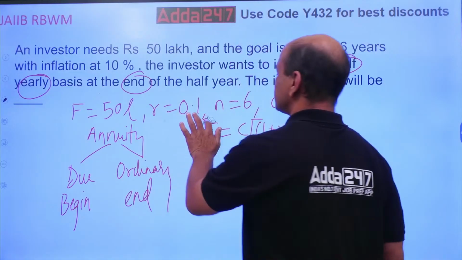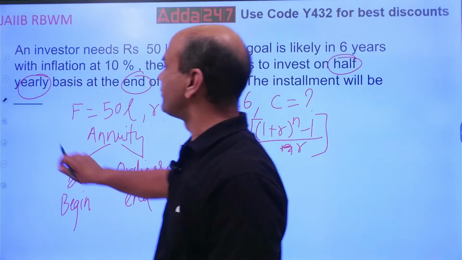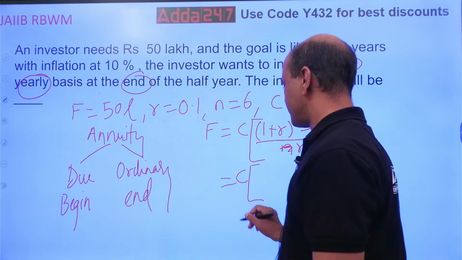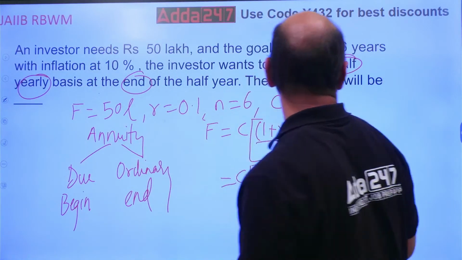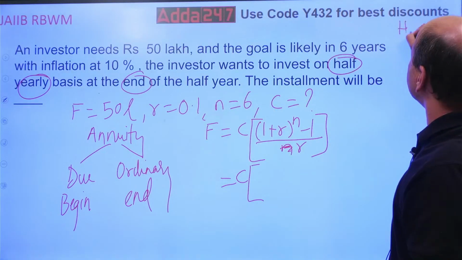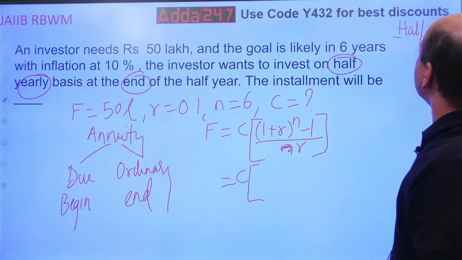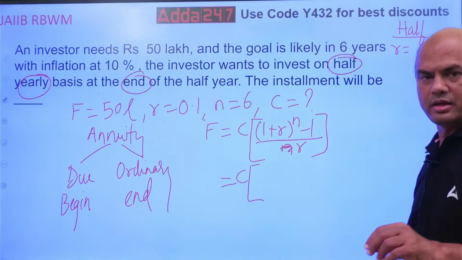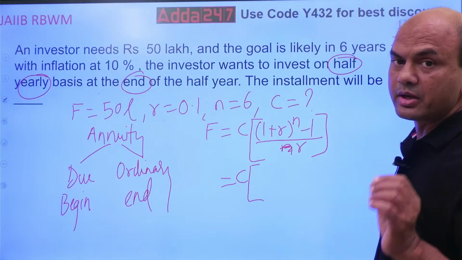See, how do you solve this? Whenever you have a half-yearly requirement, then R equals whatever R is given to you divided by 2.